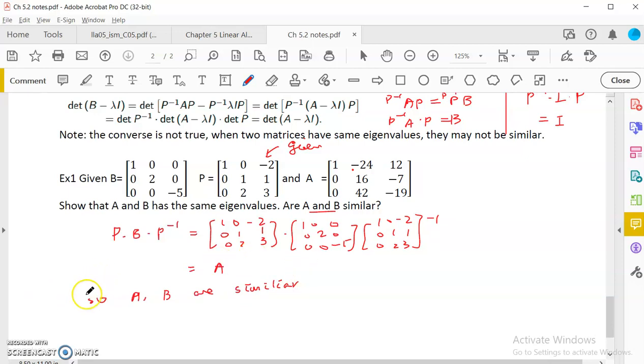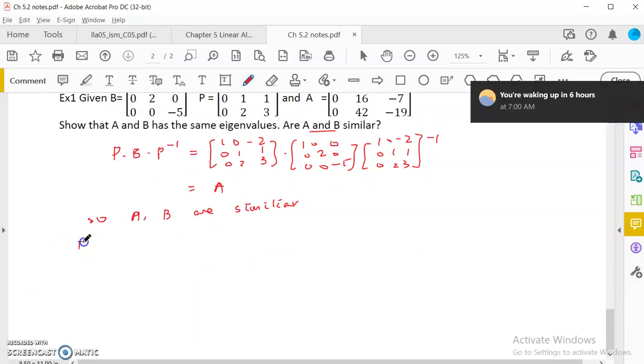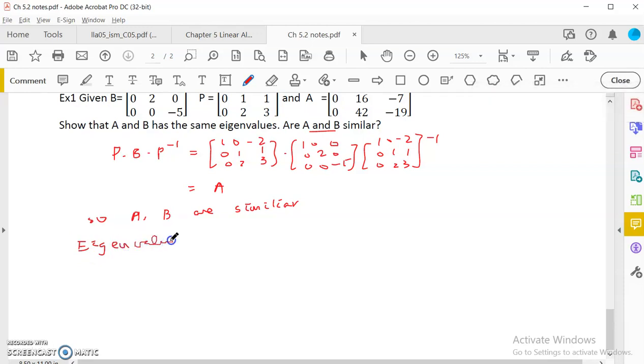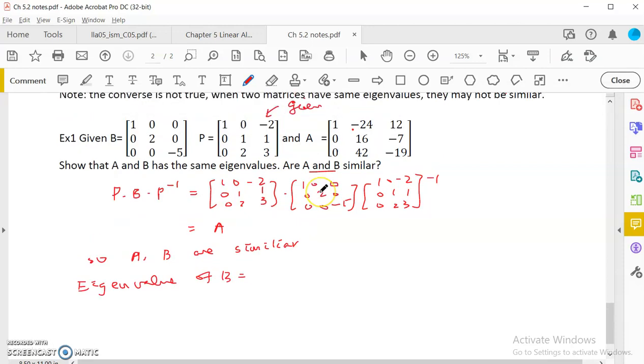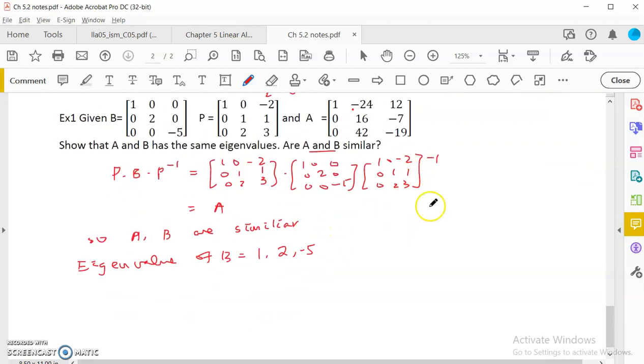So if A and B are similar, let's check the eigenvalues. The eigenvalues of B are very easy because it's a triangular matrix, so they are just the diagonal entries 1, 2, negative 5. What about the eigenvalues of A? That is a little harder.